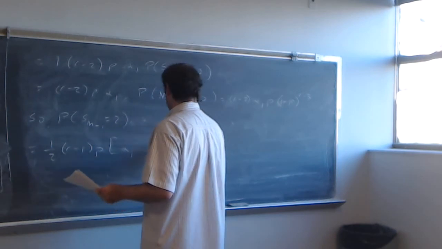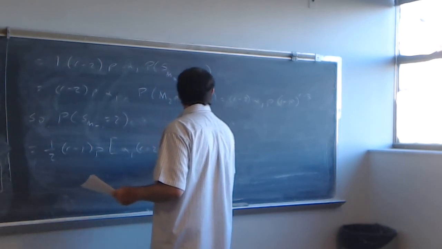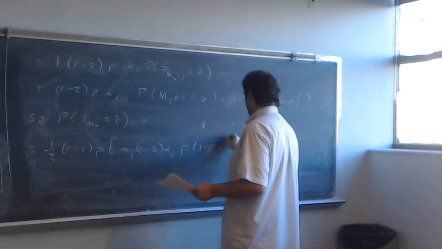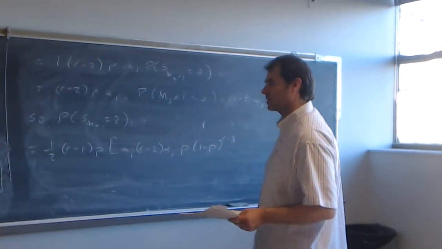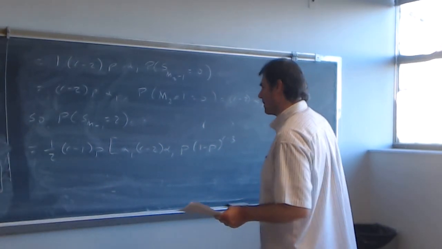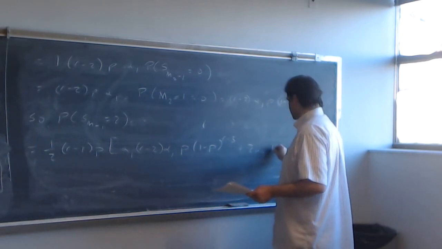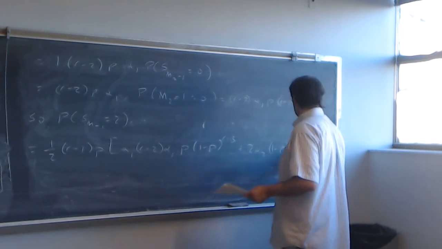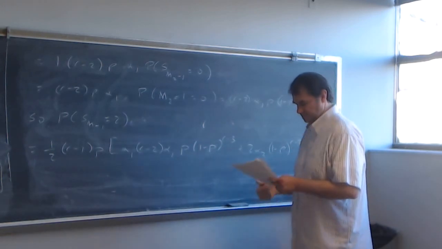It's this: r minus 2 times alpha sub 1 times p times 1 minus p to the r minus 3. Make sure I hadn't made a mistake. Yep. Plus 2 times alpha sub 2 times 1 minus p raised to the r minus 2. Okay, that's that part.